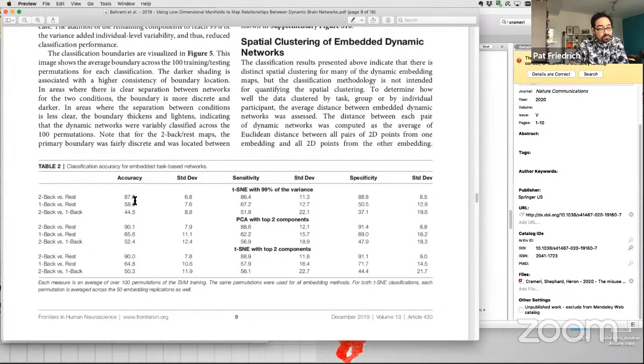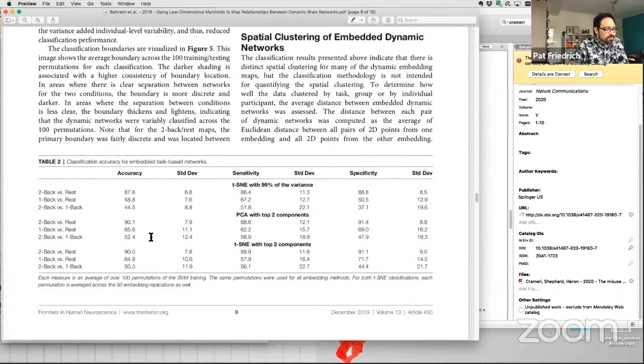That's also what we've seen, right? 2-back versus rest was quite good, was quite easy to distinguish. The accuracy falls close to chance for 1-back versus rest, and the same is true for 2-back versus 1-back. And we're looking here at the t-SNE 99% component, but it's also visible in the other 2 depictions.